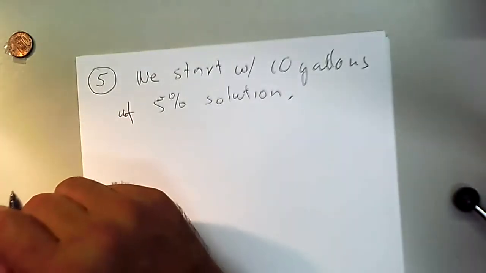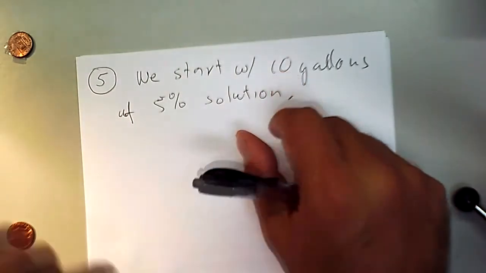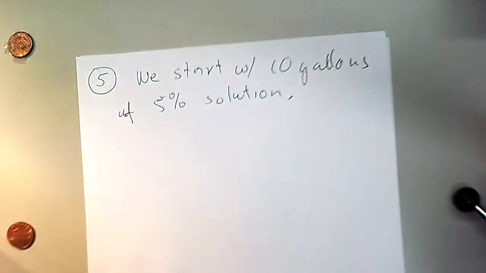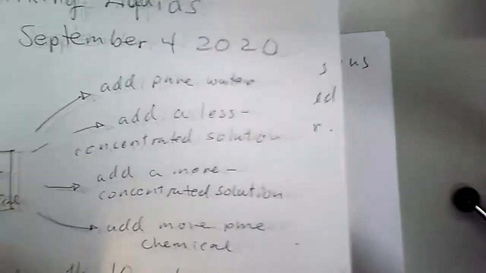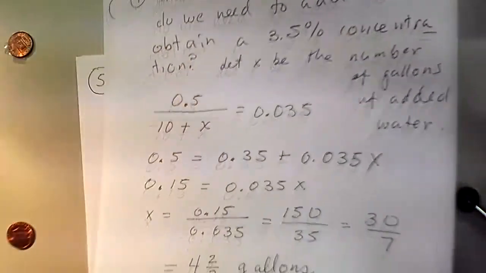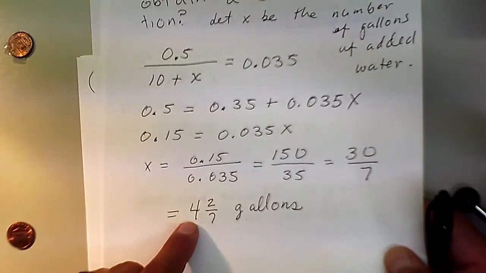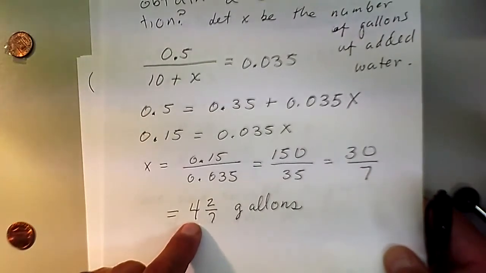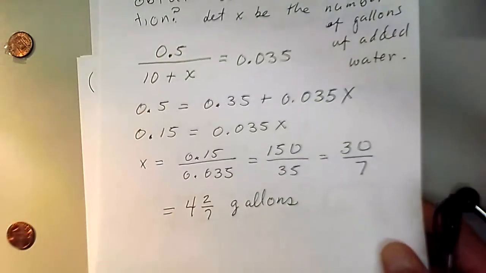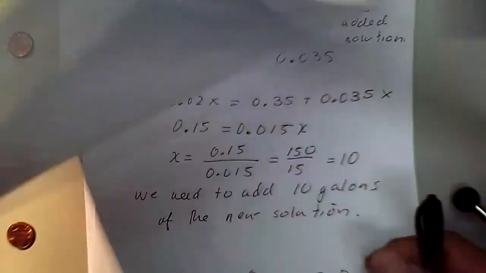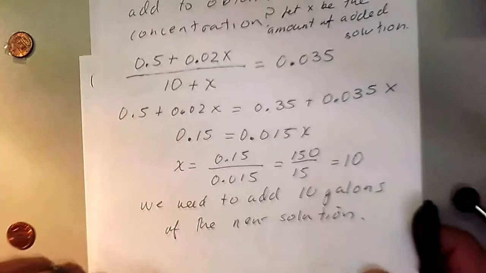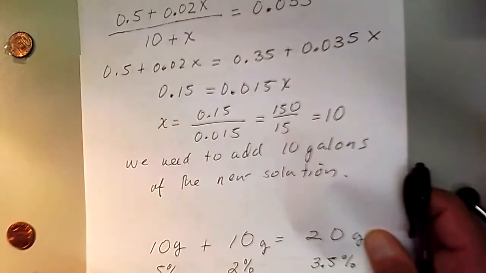Pretend we want to end up with 10 gallons. See, in all of these examples, we end up with more than 10 gallons. In the first example here, we had 10 gallons, and now we end up with 14 2/7, because the 10 we started with plus the 4 2/7. So we end up with a significant amount more liquid than what we start with.